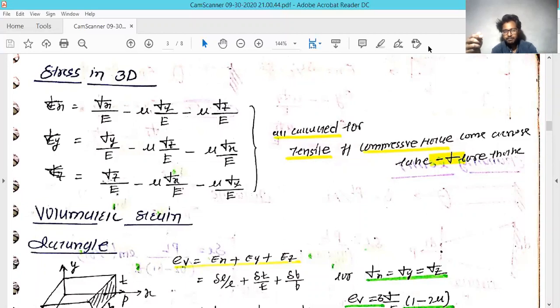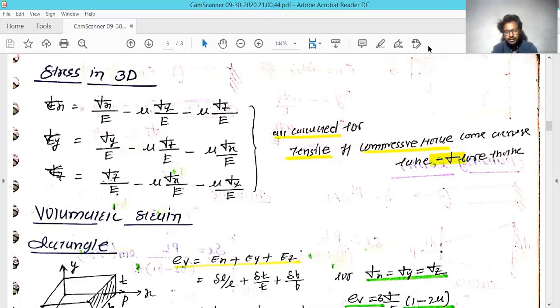The first equation is derived when the tensile force is applied in the x direction. Now we change that x direction force into the y direction, then we take this second example, and after that the similar process we have done for the third section as well. So from this section, we have understood these three equations.